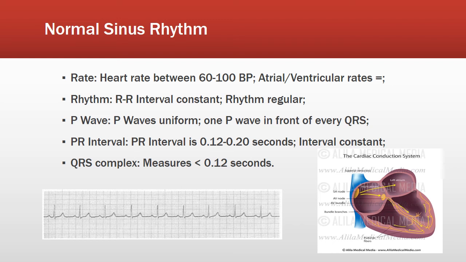We could also have a wandering baseline, and that would just be from somebody who might be taking deep breaths. And so what we may try to do is just turn them on their sides, do whatever we can to make sure that we get a good tracing, but also to determine that the patient is not symptomatic or having problems.